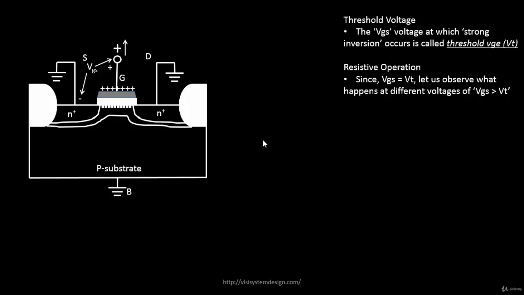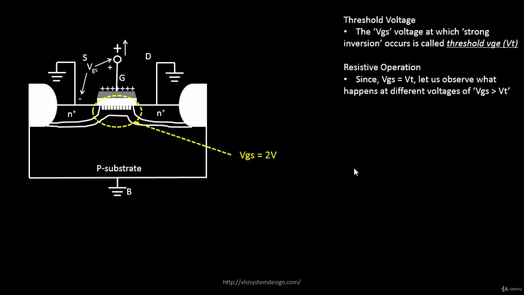Let's observe this region. If this was the channel width at VGS just equal to VT, when you increase your VGS to 1 volt, your channel width increases. Just observe how the channel width increases. Now if you increase your VGS to 1.5, your channel width increases even more. Now if you increase your VGS to 2 volts, your channel width increases more.